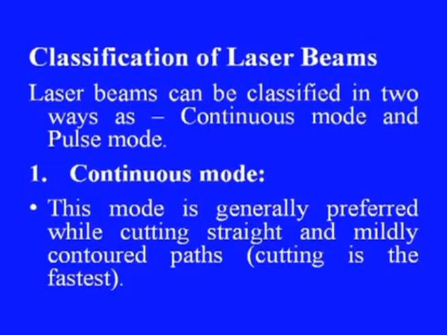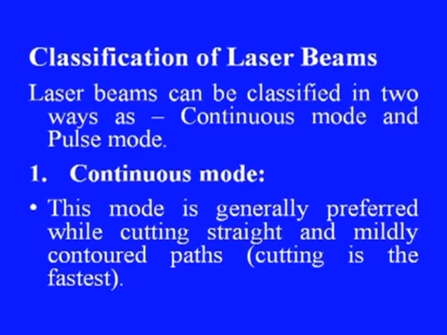Now, let us look into the classification of laser beams. Laser beams can be classified in two ways: continuous mode and pulse mode. Number one, continuous mode. This mode is generally preferred while cutting straight and mildly contoured parts.